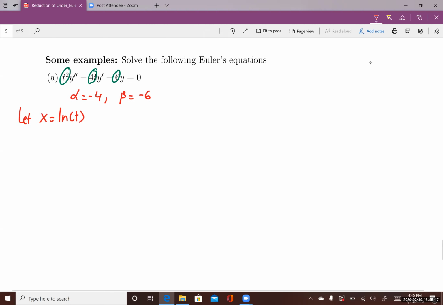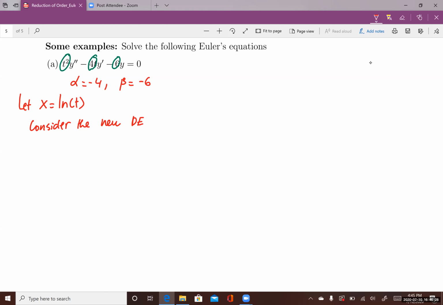I consider the new equation, which is d squared y dx squared plus alpha minus 1, which is negative 4 minus 1, dy dx, plus beta, and beta is negative 6, so negative 6y equals 0.